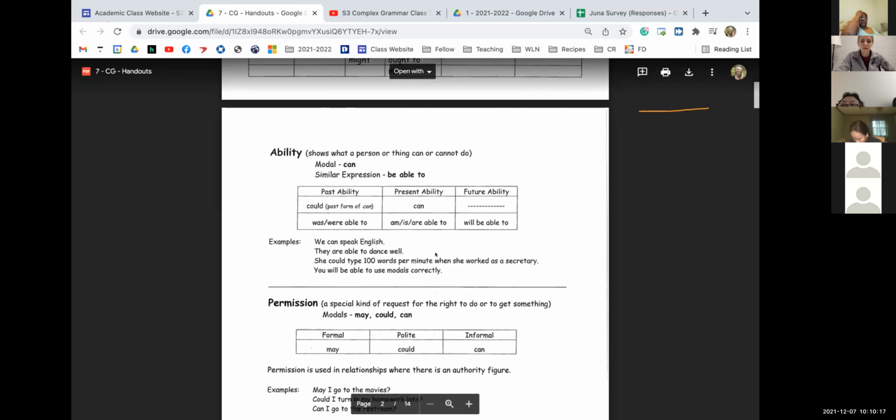This doesn't give us negative information, which means there are no exceptions, it's not noted here as an exception. So it's okay to use could in the past. It's just the past form of the modal. Can and can't, could and couldn't for the past.